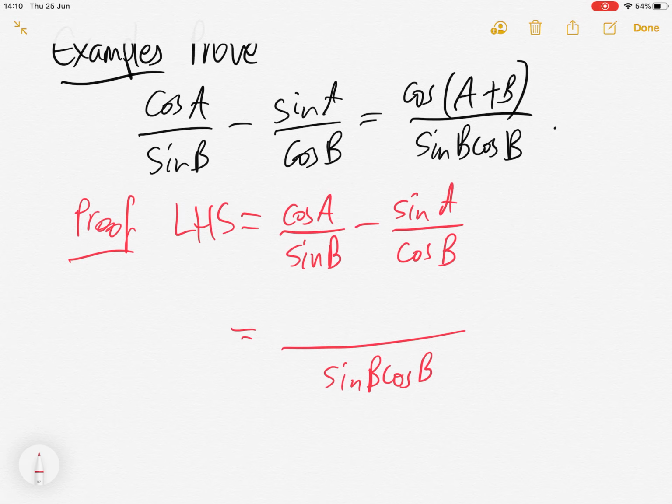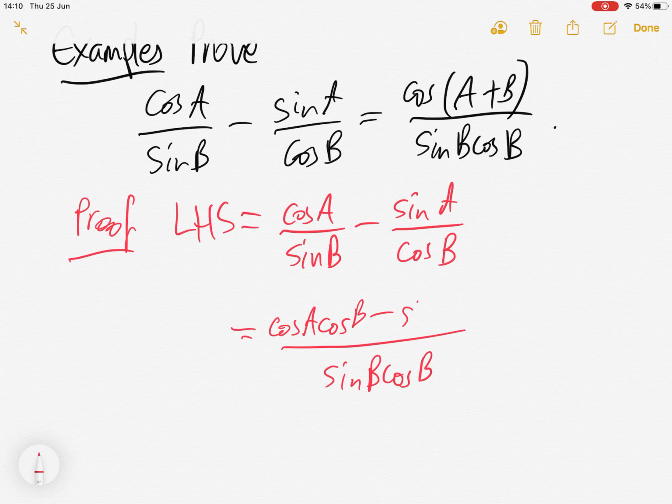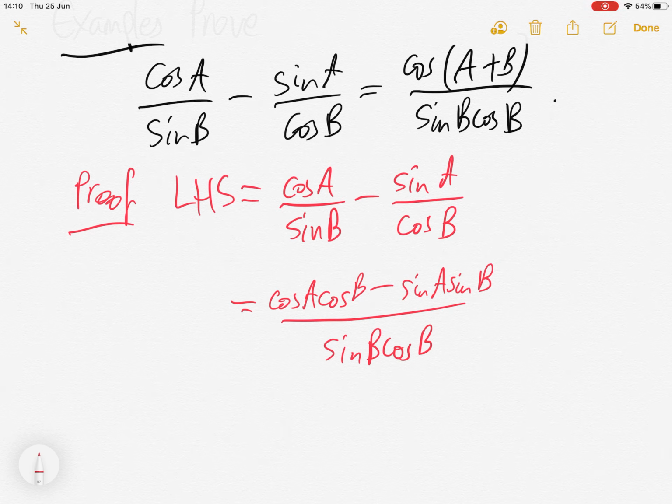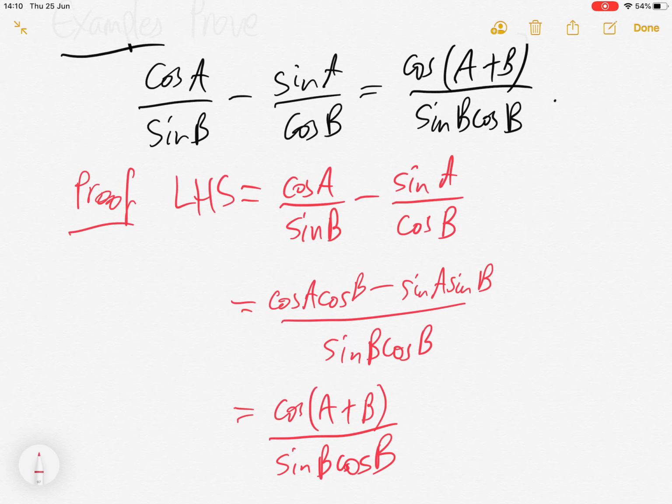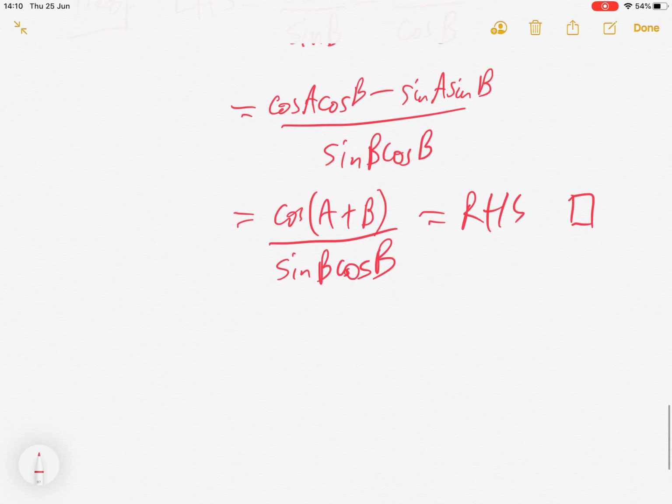So then to make that happen, we need to times the top of the first fraction by cos b and the top of the second fraction by sine b. And then notice on the top, we've just got the addition formula for cos. So we have cos A plus B over sine B cos B, which is precisely the right-hand side. So we're done.